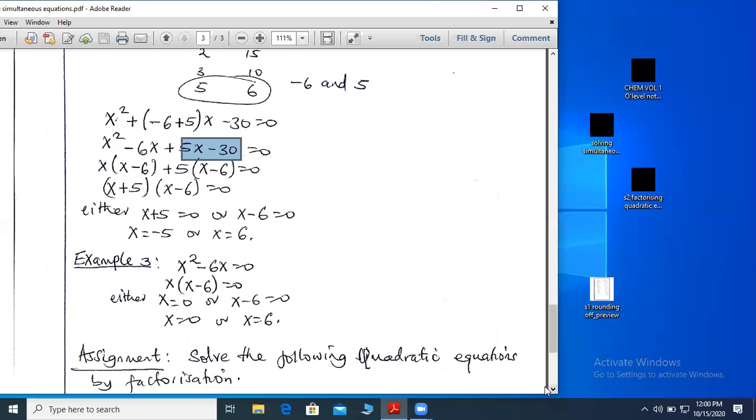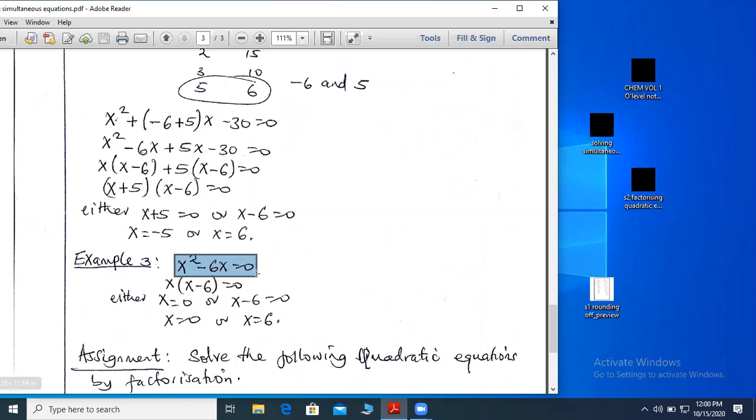Example 3. Suppose we have x squared minus 6x is equal to 0. How do we solve these equations? Please, these equations are not solved by getting the square root. These are quadratic equations. They are not solved by getting the square root.